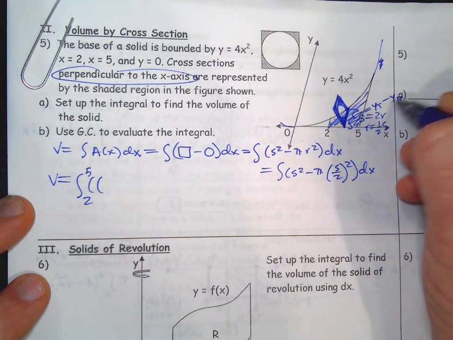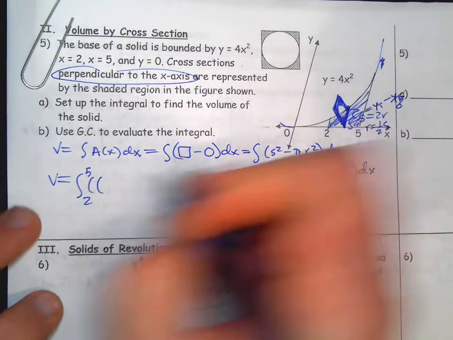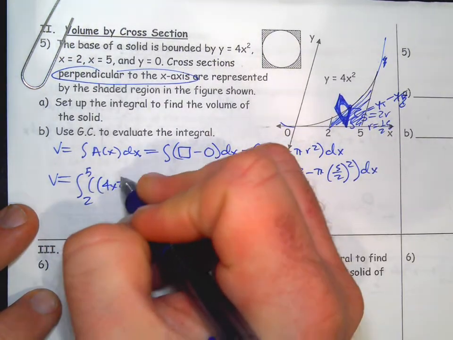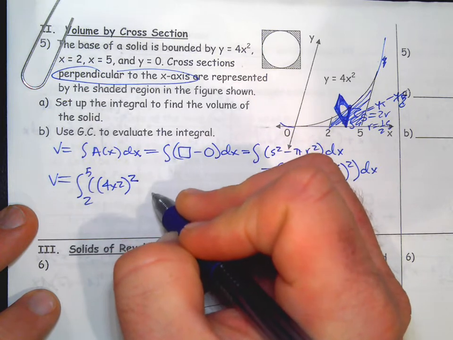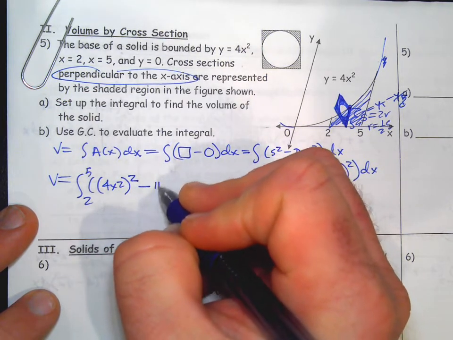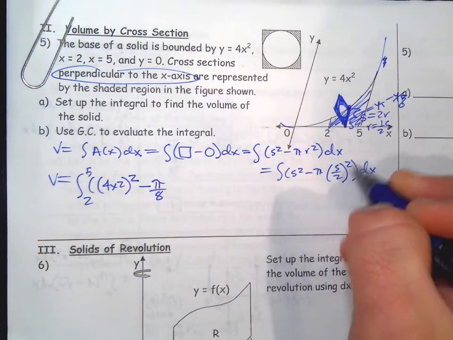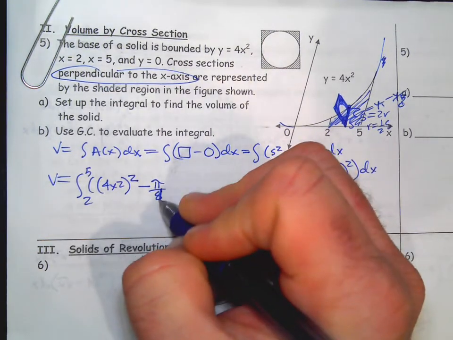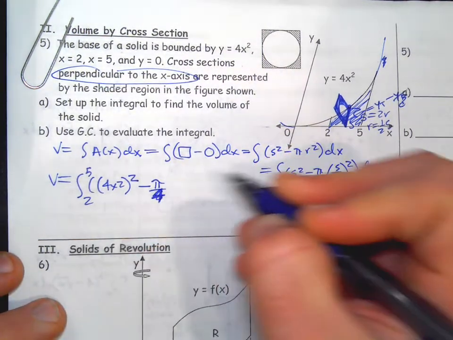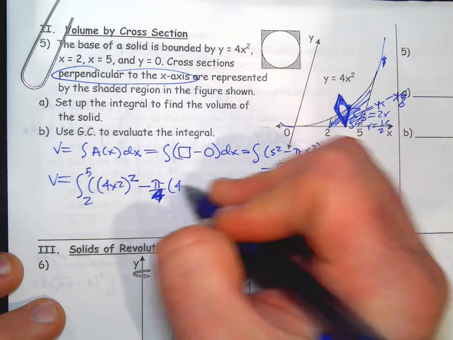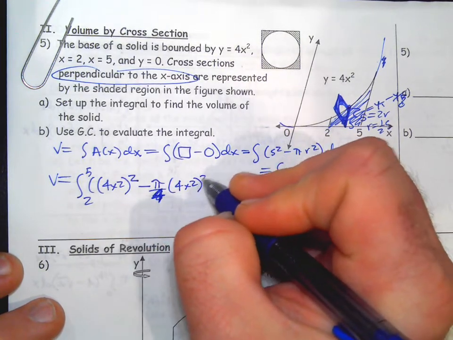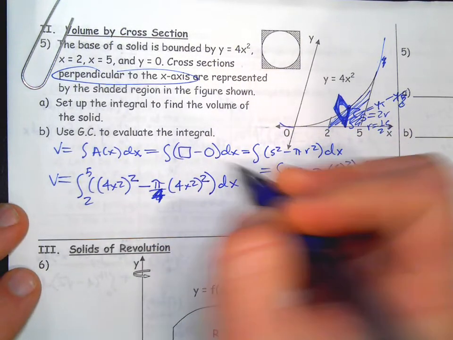Y bottom is 0 here, so y top is going to be 4x squared. So it's 4x squared, squared, minus pi over 4, 4x squared, squared dx. So this could be your setup.